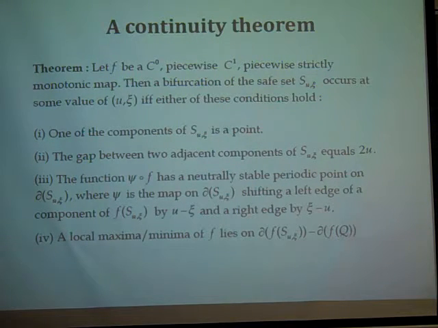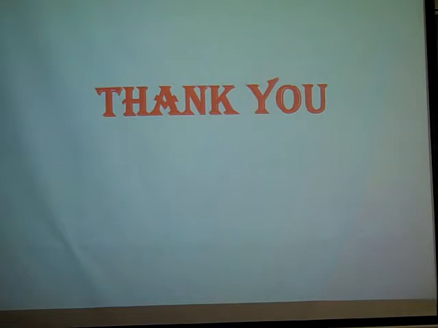So this was our work on classifying the discontinuities of a safe set. If none of these conditions are satisfied, not only does the safe set change continuously, the boundaries actually satisfy a differential equation, and that's how we can track how the safe set changes. Any questions?